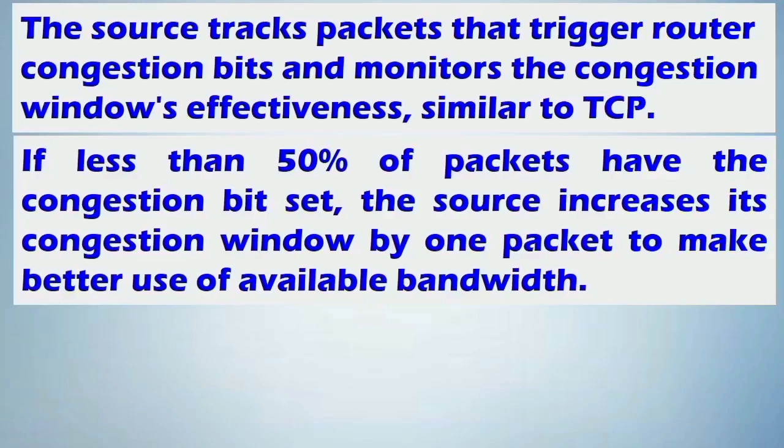If less than 50% of packets have the congestion bit set, the source increases its congestion window by 1 packet to make better use of available bandwidth.